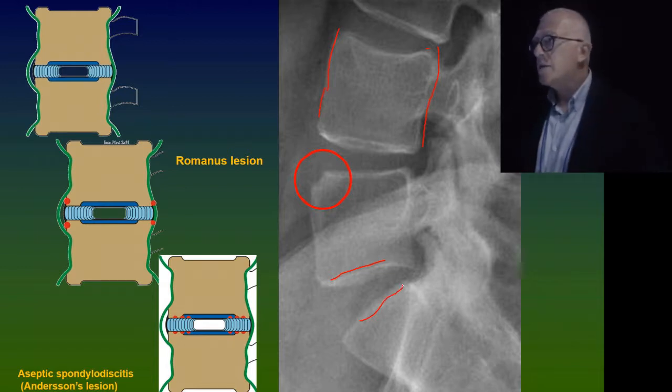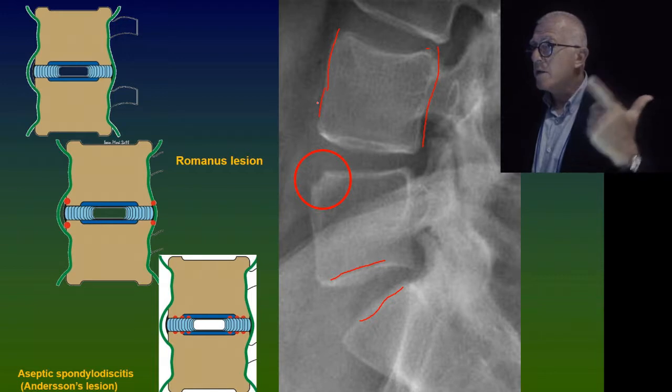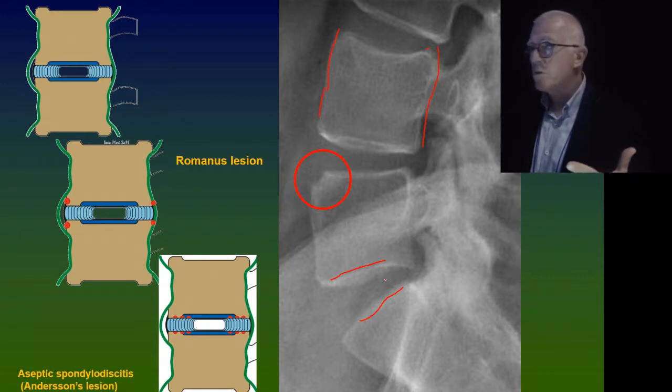So in axial spondyloarthropathy, we do have two locations. One is inflammation at the insertion of the ligaments, and one is inflammation at the interface between the disc and the end plate. So in the ligament insertion, you see here an erosion.